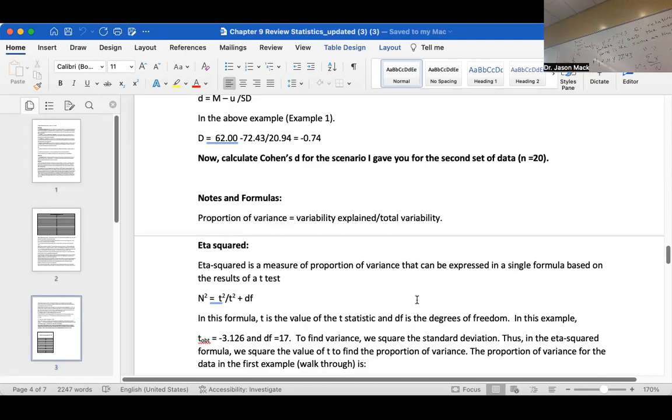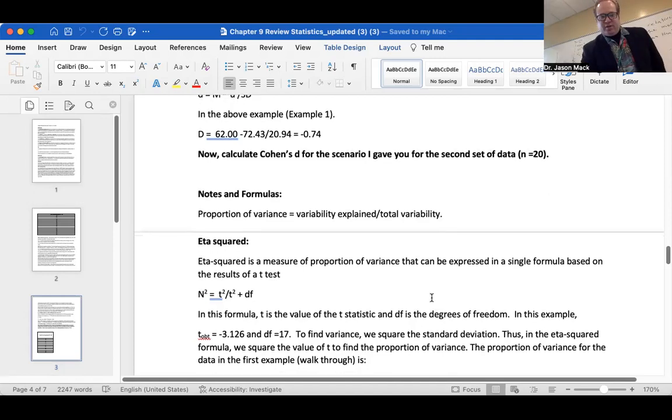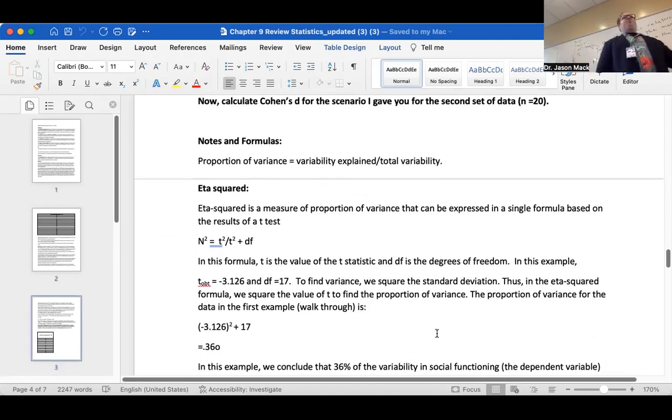Eta squared is a measure of the proportion of variance that can be expressed in a single formula based on the results of a t-test. Eta squared is equal to t squared divided by t squared plus degrees of freedom. In this formula, t is the value of the t statistic which we had from the first one. I think it's 3.126.